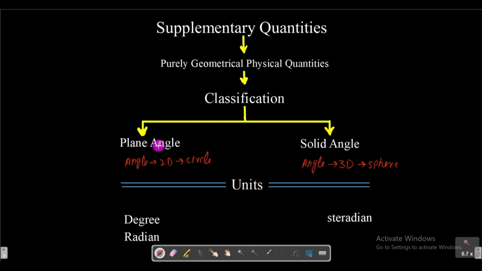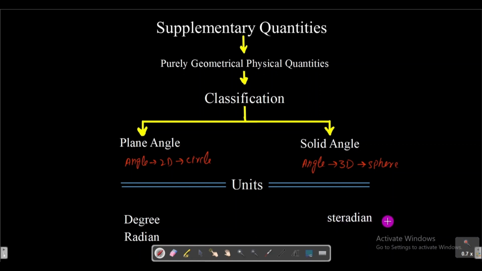The units of the plane angle are the degree and the radian, and the unit of the solid angle is the steradian. In this video we will discuss the degree and the radian, which are the units of the plane angle, and at last we will discuss the steradian, which is the unit of the solid angle.